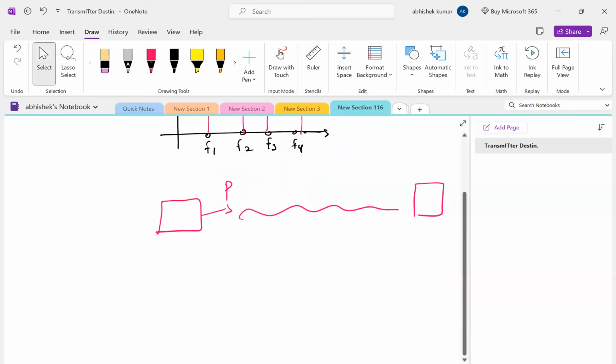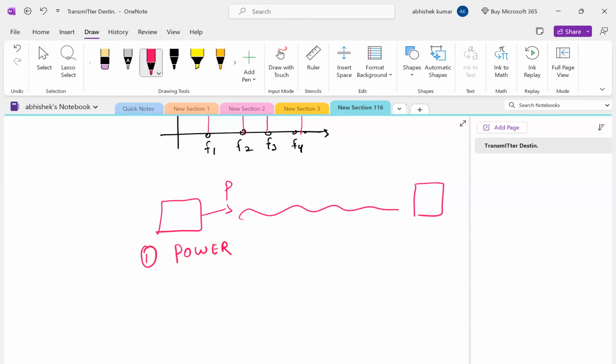Just like Bluetooth, where we transmit data from one mobile to another mobile, we require very little transmitter power; 1 milliwatt will be sufficient. But if we want to transmit the signal over a longer distance, the transmitter power will be very high. So the first requirement of a transmitter design is power.